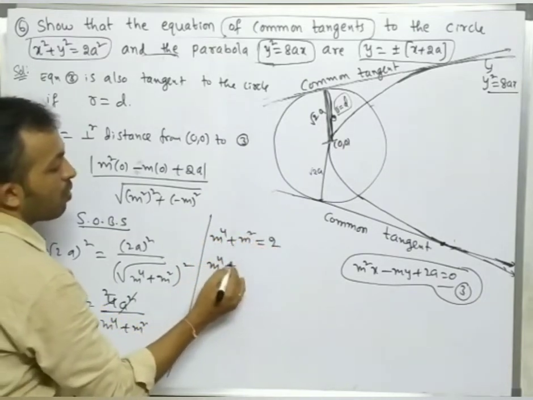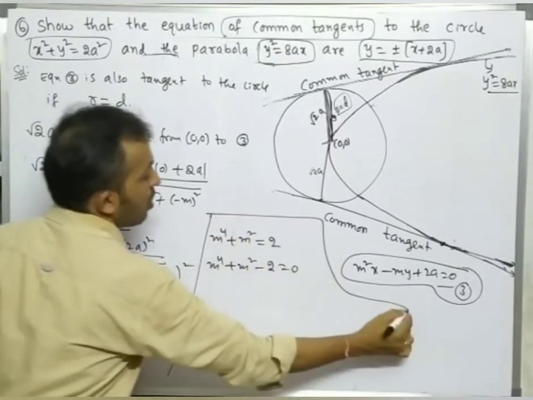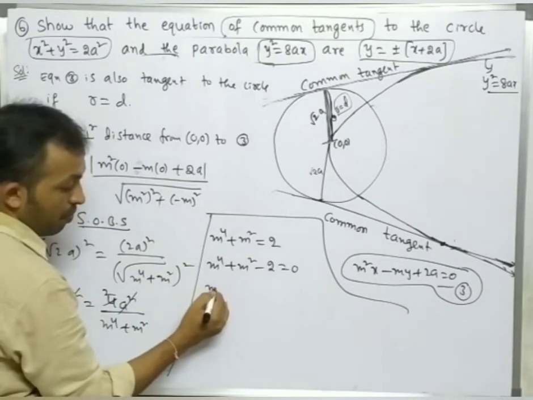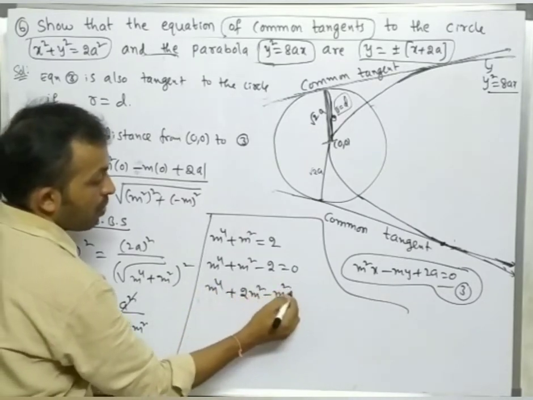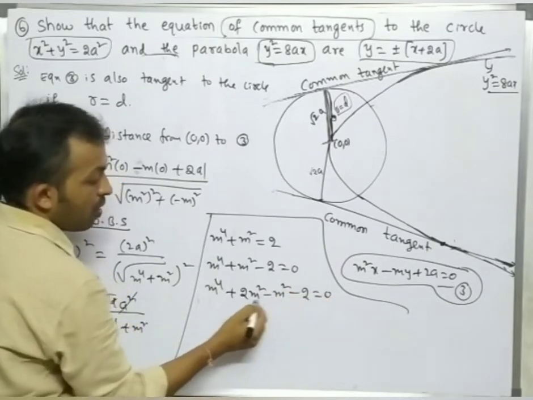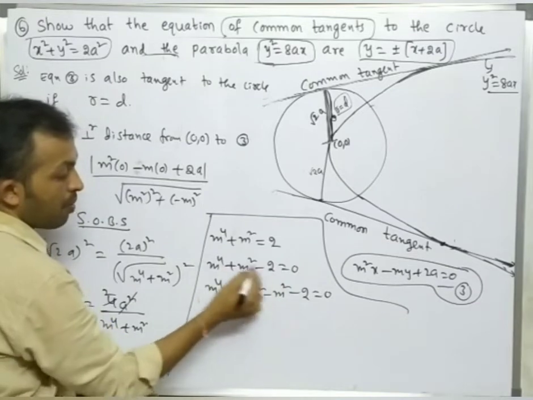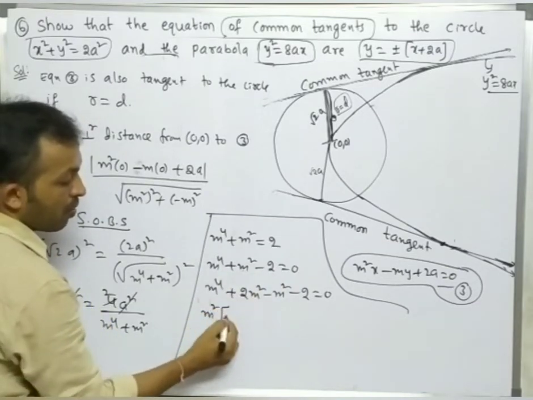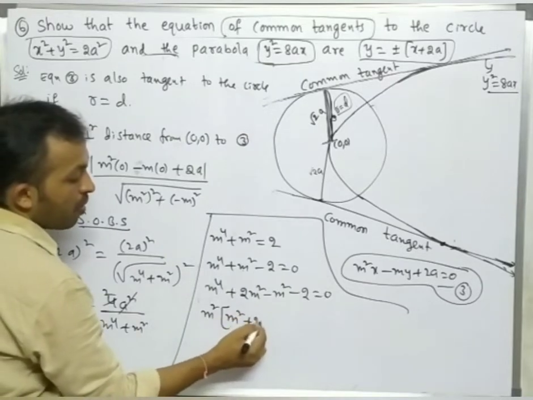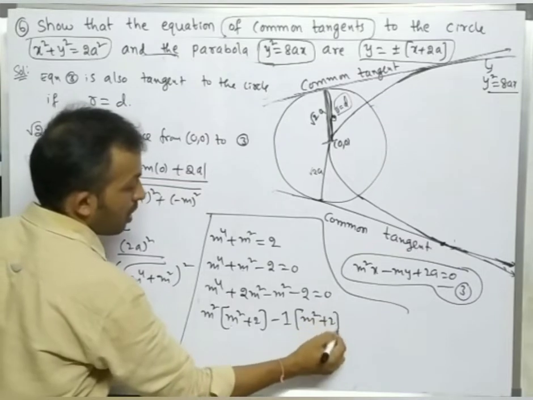Then m power 4 plus m square minus 2 is equal to 0. Then factorize this: m power 4 plus 2m square minus m square minus 2 is equal to 0. If we add these two, we will get m square. If we multiply these two, we will get minus 2m power 4. So do careful factorization. M square taking as common, m square plus 2 remaining, minus 1 common, m square plus 2 remaining.